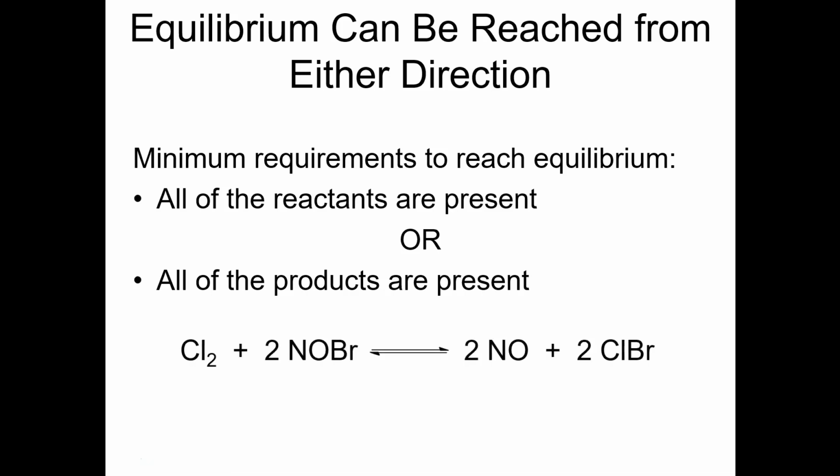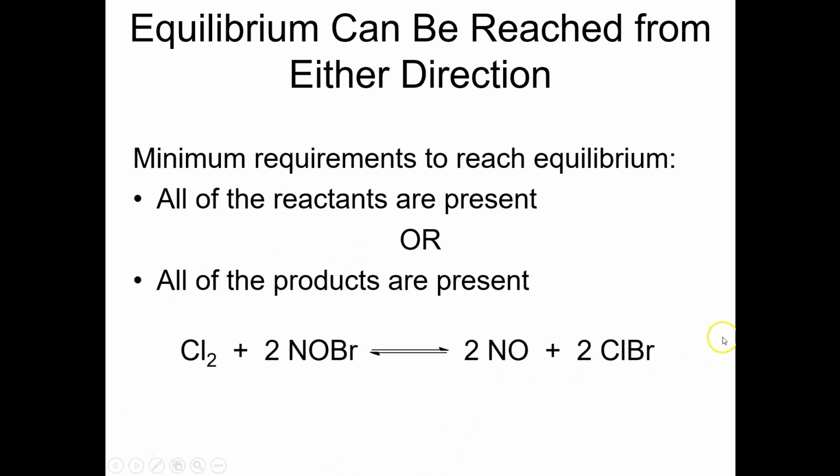So if we look at this reaction, the last reaction we're going to look at, chlorine plus 2 NOBr gives me 2 NO plus 2 ClBr. If I've got chlorine and NOBr present, I can reach equilibrium because I've got both reactants present.